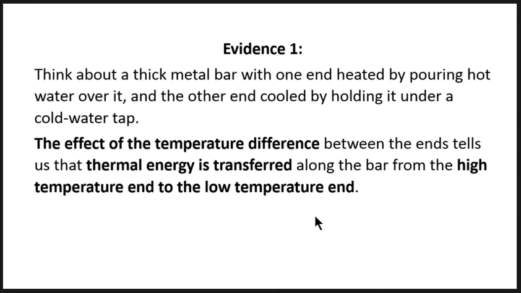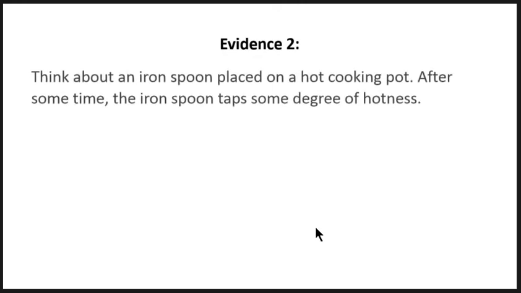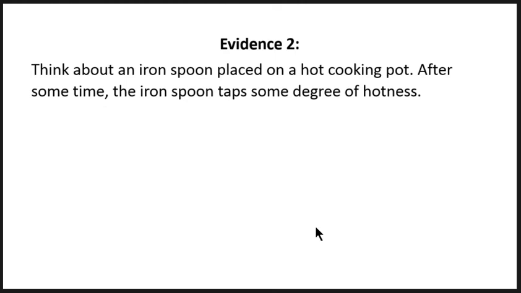So the effect of the temperature difference between the two ends, the hotter part and the colder part, is actually as a result of thermal energy that is being transferred along the bar from the high temperature end to the low temperature end. Okay, so let's see another evidence that helps to justify that thermal energy is transferred from higher temperature to lower temperature.